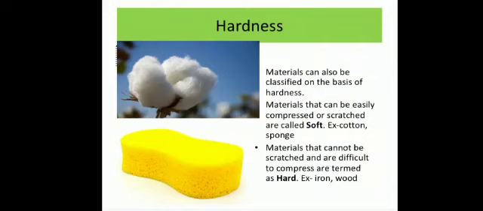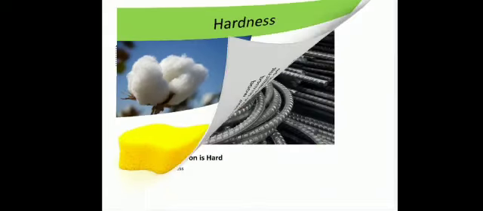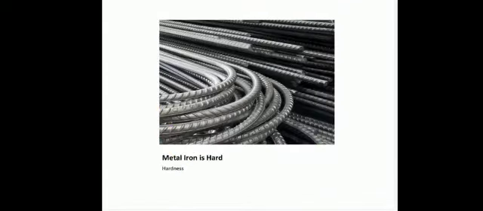So all the materials can be divided into two groups on the basis of their hardness and softness. First, hard material. Second, soft material. Those materials which cannot be compressed or cut easily are hard materials like iron, steel, wood, stone, glass, bones, teeth, diamond.